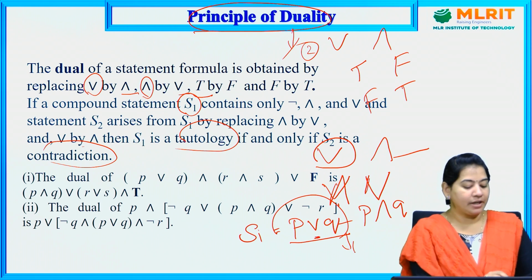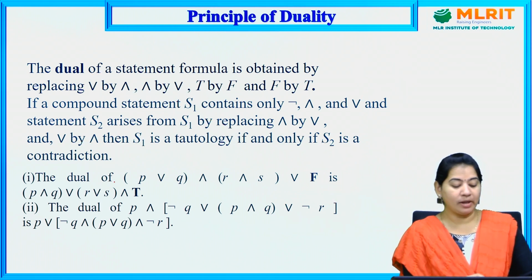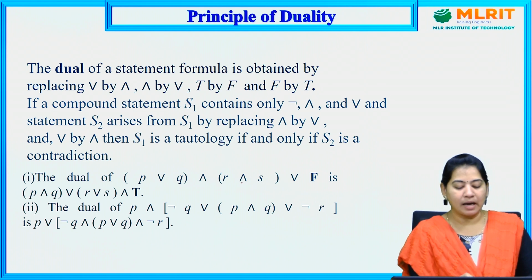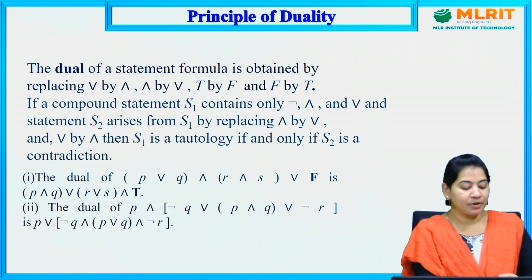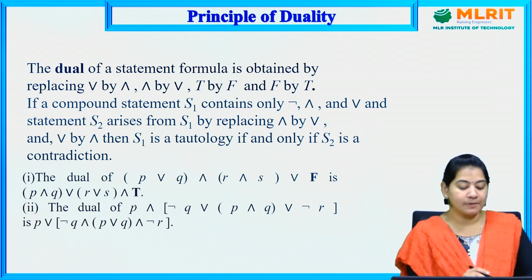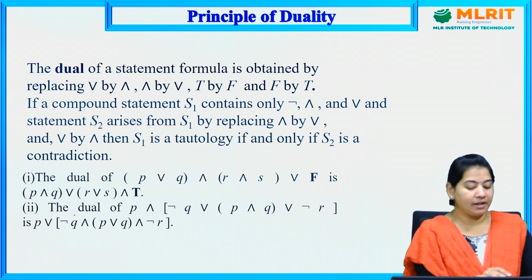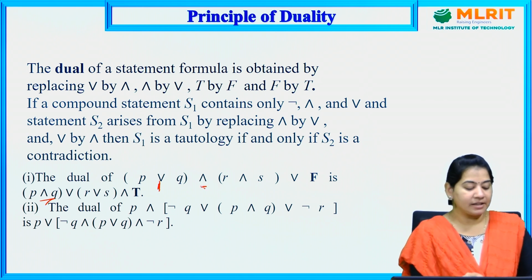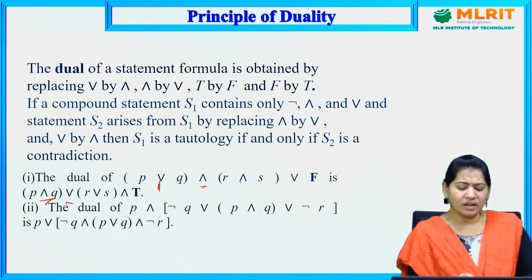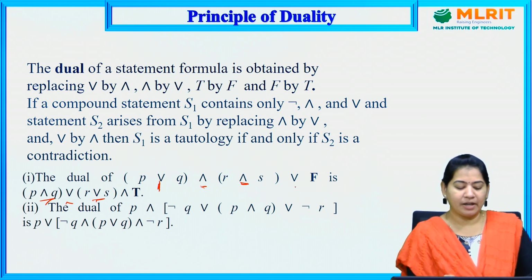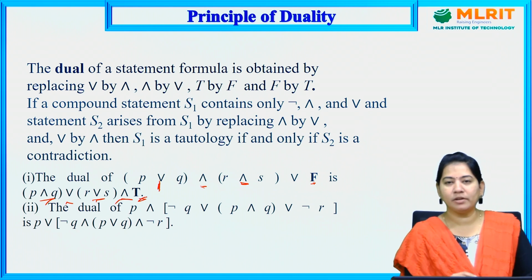So here we have 2 examples. We observe the dual of (P or Q) and R and (S or F) is (P and Q) or S and true. That means this OR in P or Q is replaced with AND, here AND is replaced with OR, and here also AND is replaced with OR, and here OR is replaced with AND, and F is replaced with true.